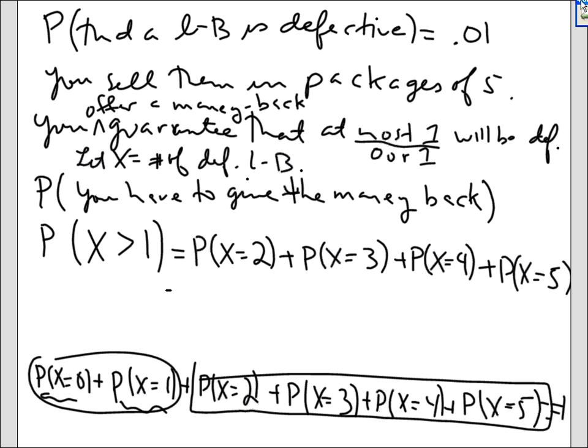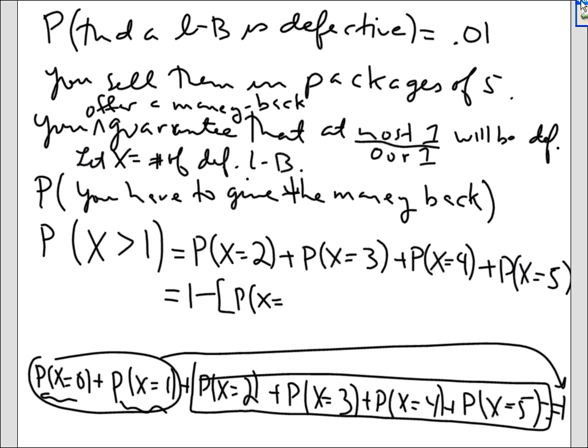So what I'm going to do is bring this over to the other side. It's 1 minus the probability that exactly 0 are defective or 1 is defective. So it's 1 minus, and let me erase what's on the bottom because I can use the space.